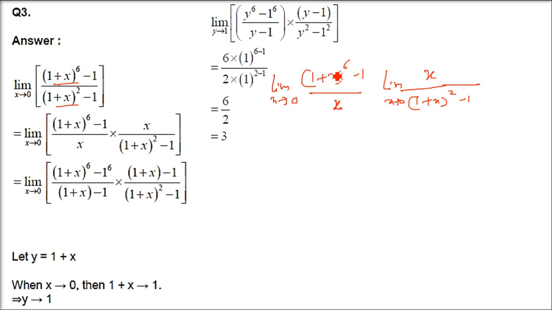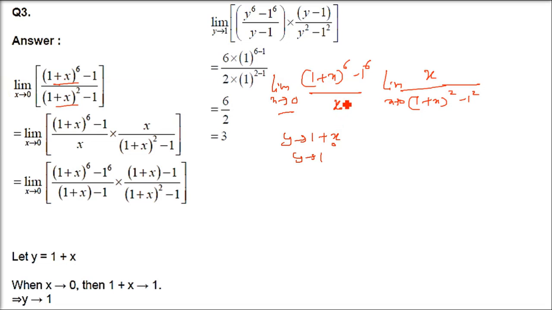Now 1 plus x to the power 6, we know the formula, so we are going to apply it. We are taking y as 1 plus x. So when x tends to 0, y is tending to 1. You put x as 0, y will be 1. Similarly here, but this second part is reversed. So this is 1 plus x square minus 1 square, you can always write, since 1 to the power anything is 1.